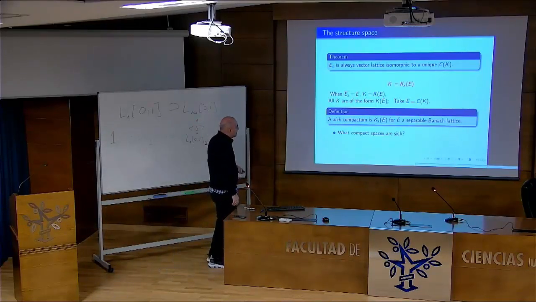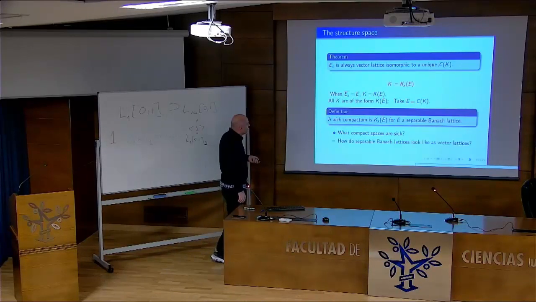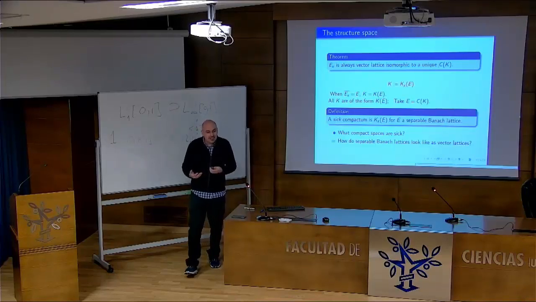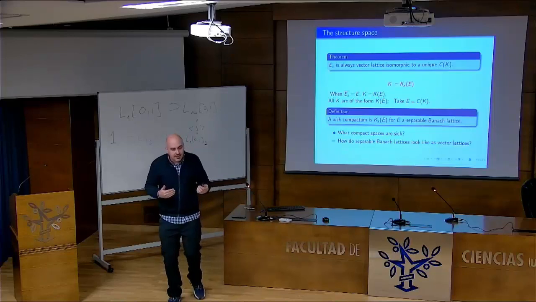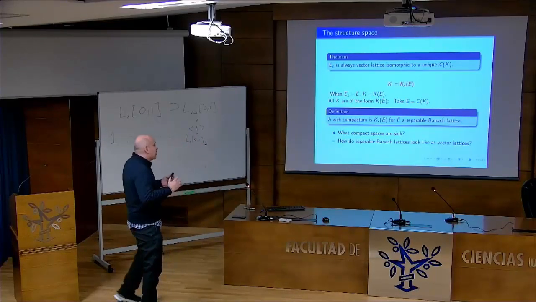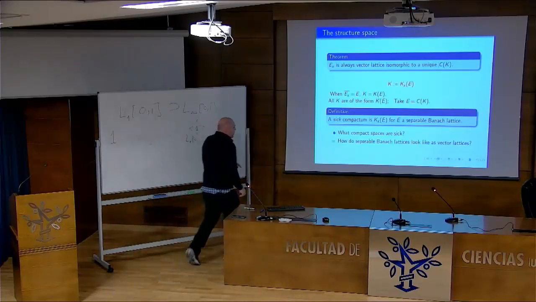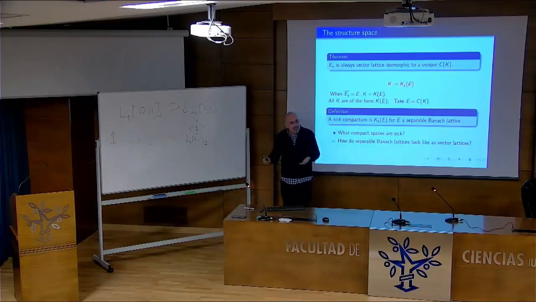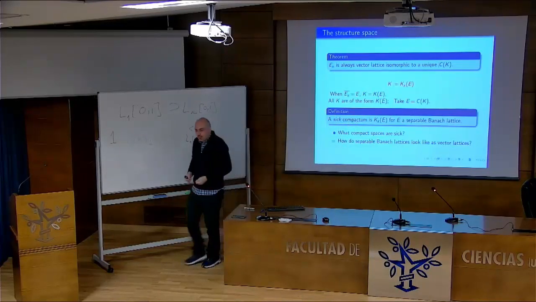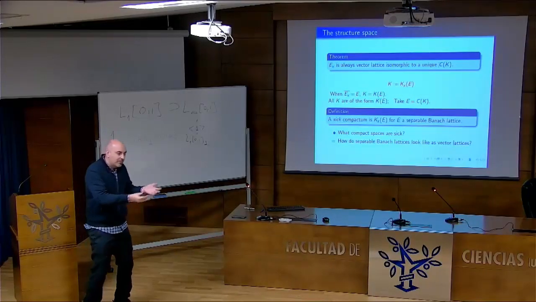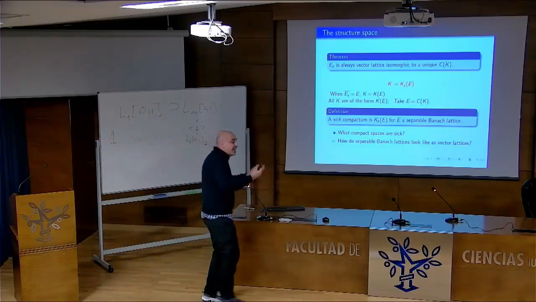So what compact spaces are SIC? This question one can interpret as asking: when you look at separable Banach lattices, what vector lattices can be represented as separable Banach lattices? Indeed, it's not exactly the same because this compactum really represents the principal ideal, but it's very close to that kind of question. If I give you a vector lattice, when will I be able to make it a separable Banach lattice?